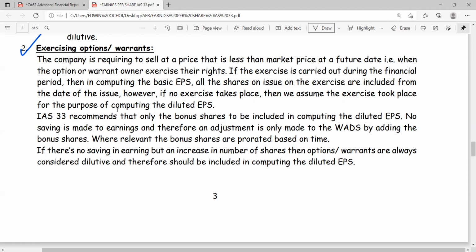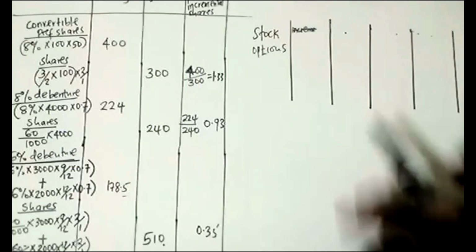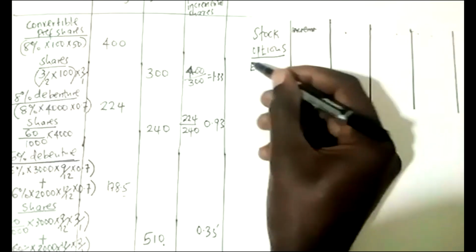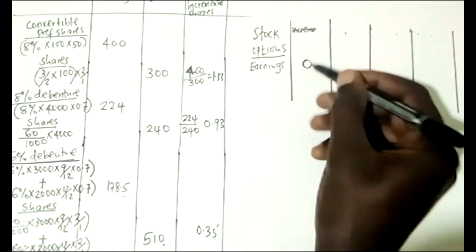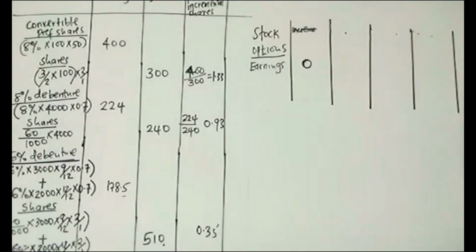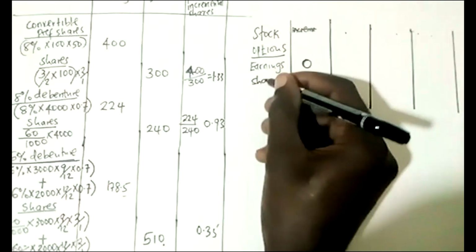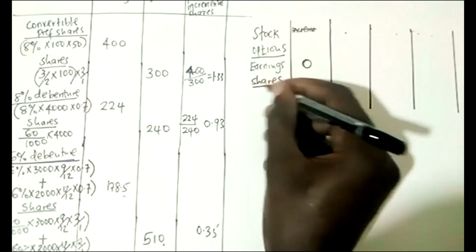Bonus shares are the ones which are supposed to be included. No savings is made to earnings. That is why my earnings would be 0. When they will never exercise, earnings is 0. For the shares, we only record the bonus.